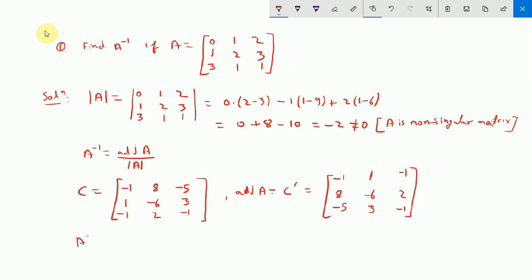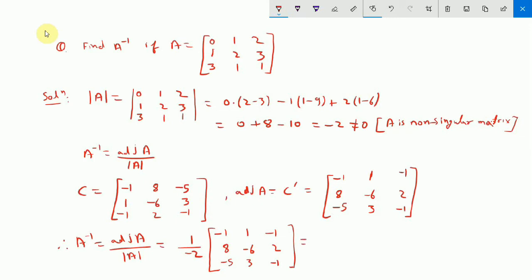Then A inverse will be adjoint of A divided by determinant of A. As we have calculated the determinant as minus 2, it is 1 by minus 2, and the adjoint of A is minus 1, 1, minus 1, 8, minus 6, 2, minus 5, 3, minus 1. Next we simply do scalar multiplication.